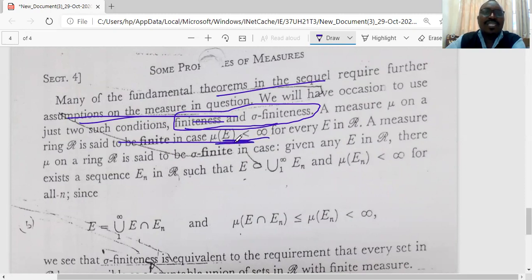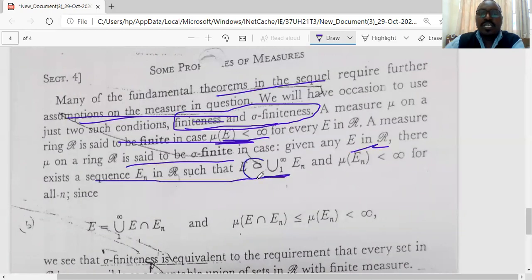When we say a value is less than this one, it means it is finite, because it cannot be defined on the entire spectrum of the real line. So we have to just pick a few values. Less than, in this context of mathematics, means it is finite, for every E in R. A measure is said to be sigma finite in case, given E in R, there exists a sequence E_n in R such that this happens.